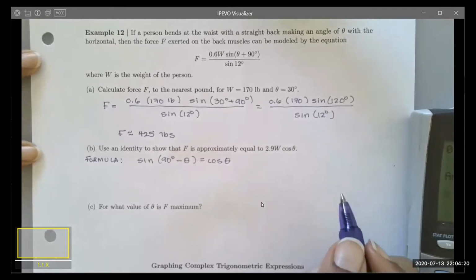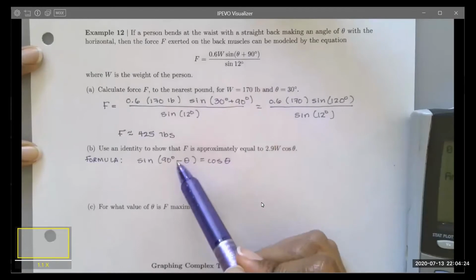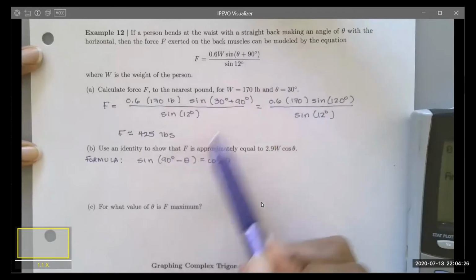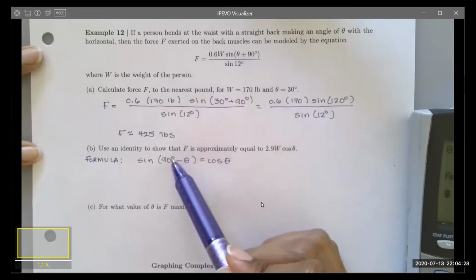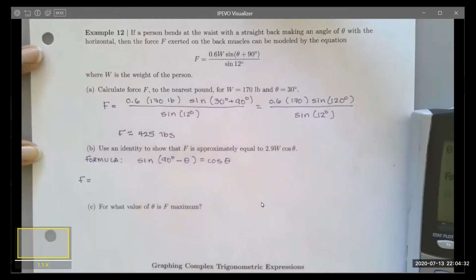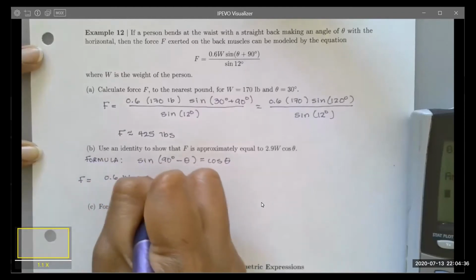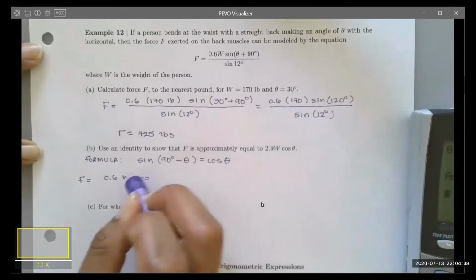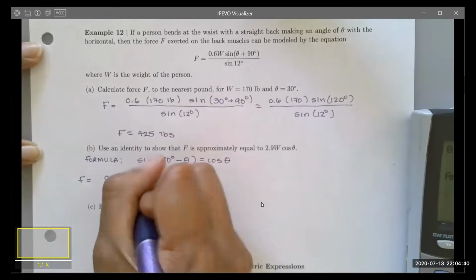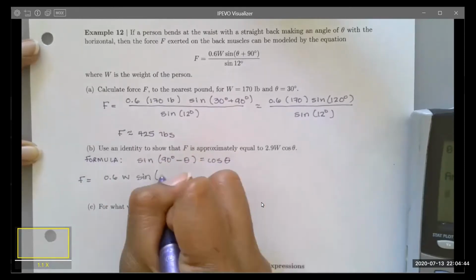Now clearly that's not what I have. I have theta plus 90, so we're going to have to figure out a way to write it as a minus here so that we can apply the formula. So the force is equal to 0.6 W times sine of theta plus 90, over sine of 12 degrees. I'm going to first of all switch the order.